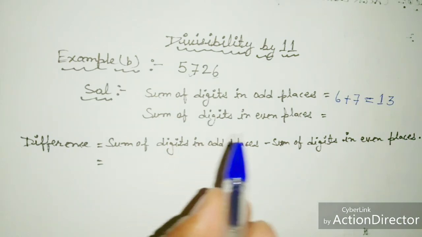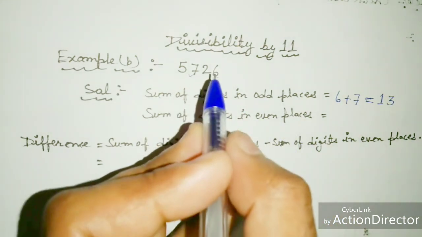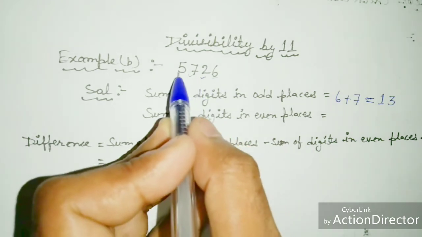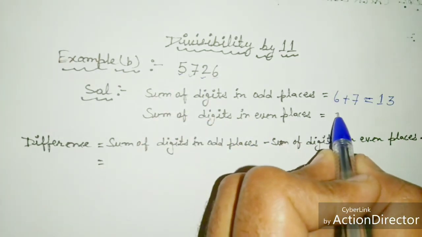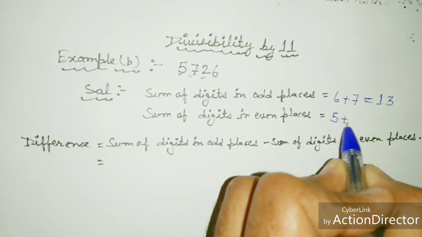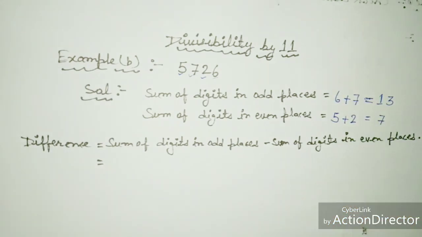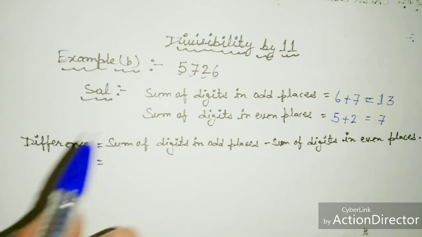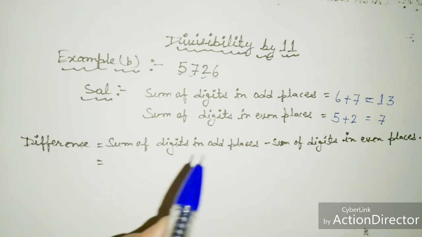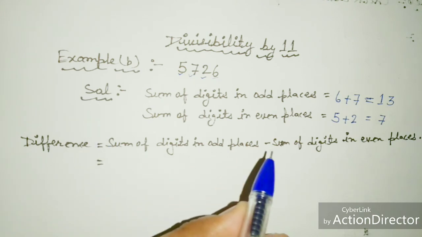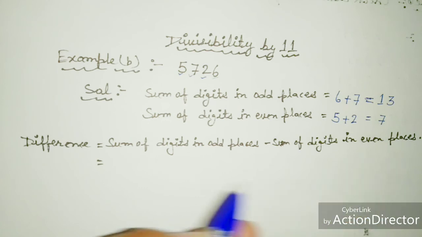Now the sum of digits in even places. The digits in even places are 2 and 5. Now we add these two numbers, 5 plus 2. It gives the sum 7. Now we find the difference between the sum of digits in odd places and the sum of digits in even places.